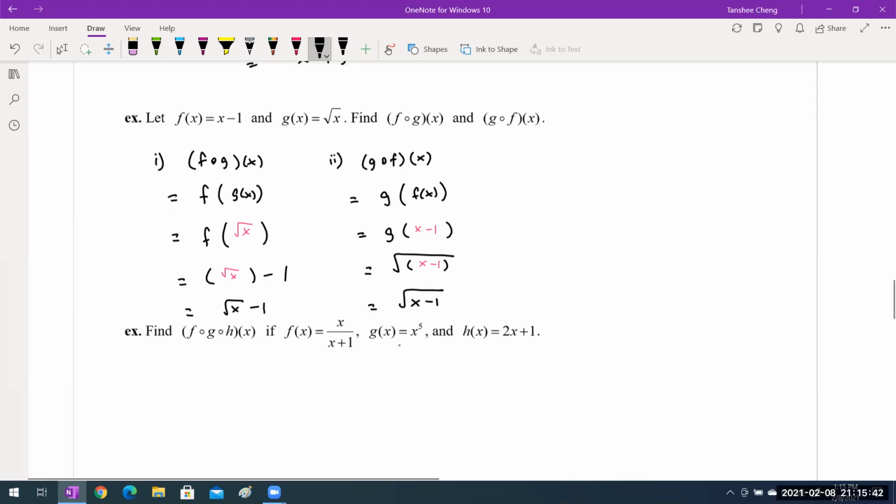At a minimum, I want to see this step on a test, the equivalent form notations. What are you substituting, right? And then give me the final answer after you substitute it. And if you need to simplify, you take more steps. Okay? So f composed of g and g composed of f are not necessarily the same. Sometimes they could be, sometimes not. It could be only if they are inverses of each other.